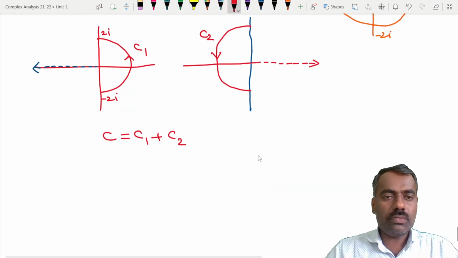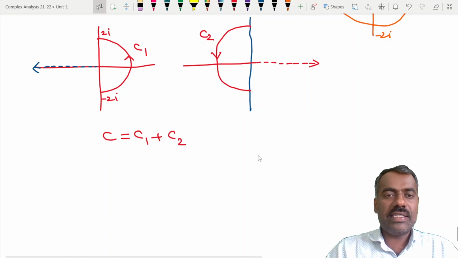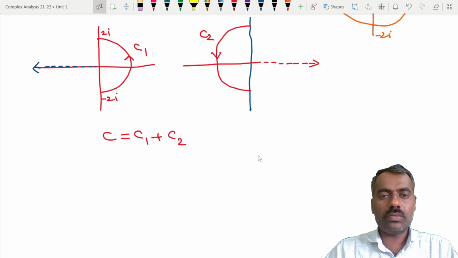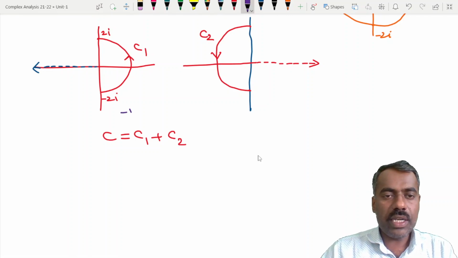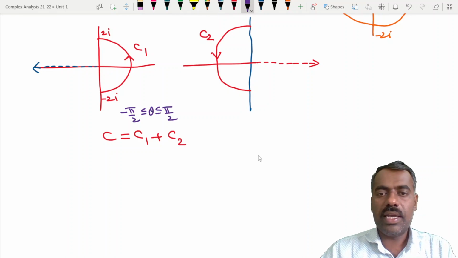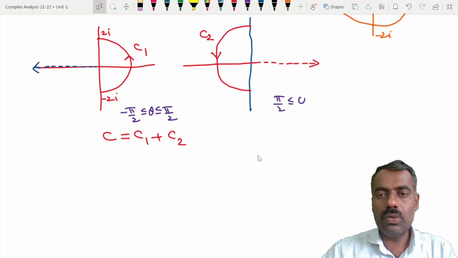So here C1, what is this? Here theta you can take from minus pi by 2 to pi by 2. And here your theta is from pi by 2 to 3 pi by 2.